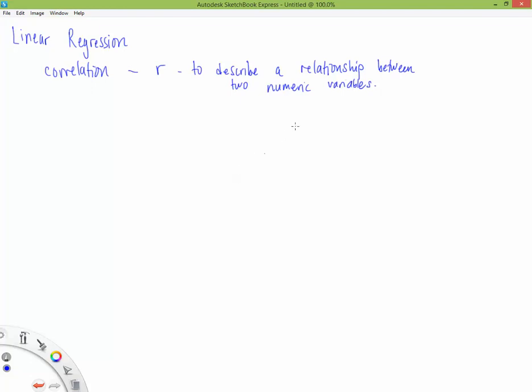Do you guys remember in algebra the equation of a line? How do we write the equation of a line? All right. So you have y equal to slope times x plus the intercept.